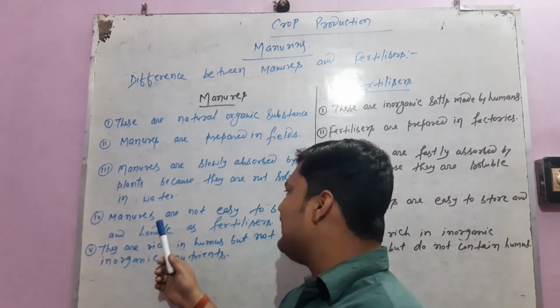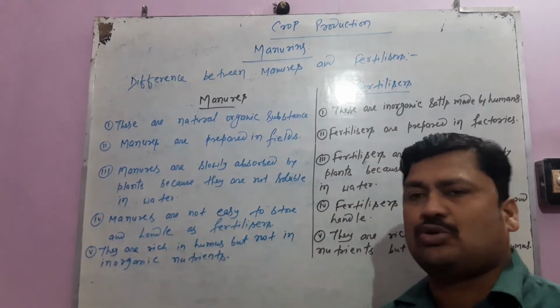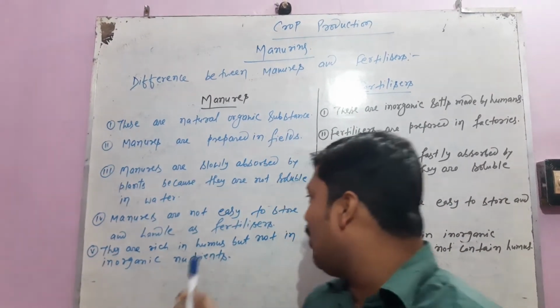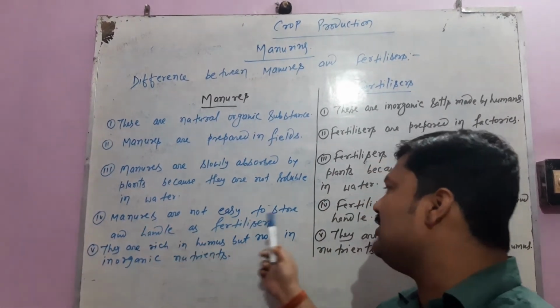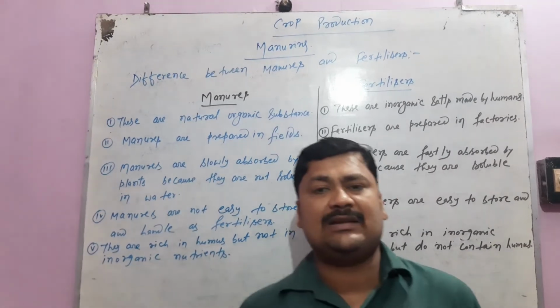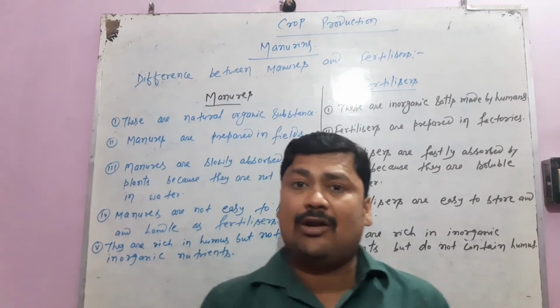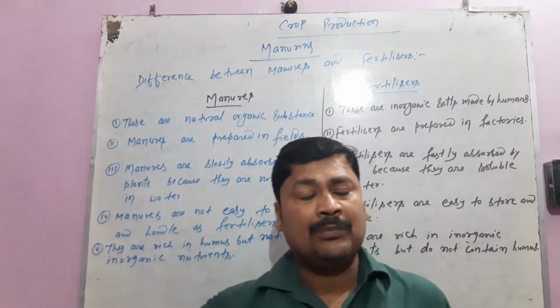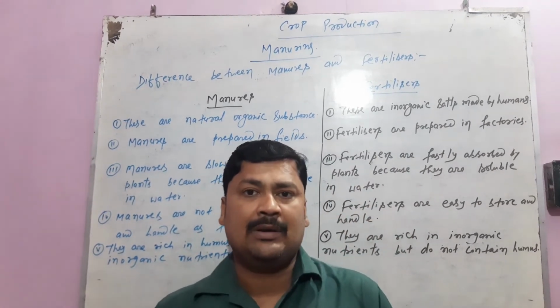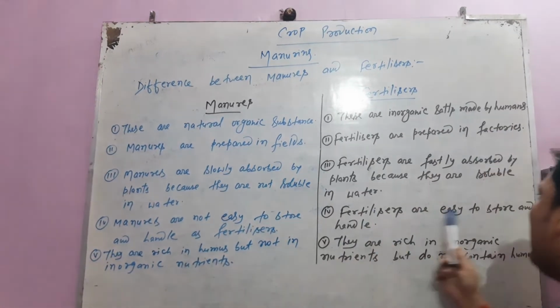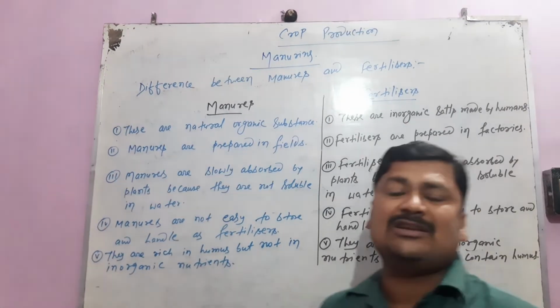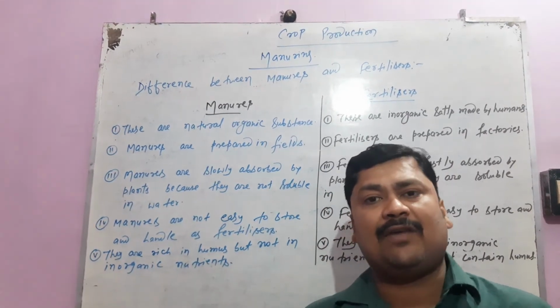The fourth difference is that manures are not easy to store and handle as fertilizers are, because they take a lot of space and they also take a lot of time to change into manure or compost. But fertilizers are easy to store and handle. They can easily be stored in packets and different types of containers.